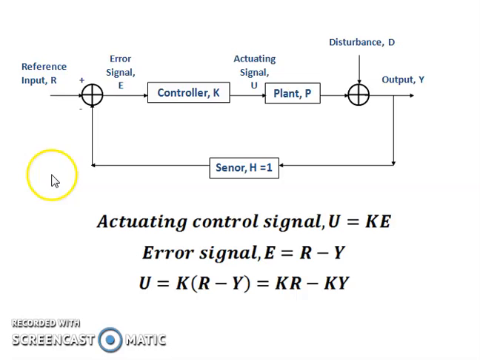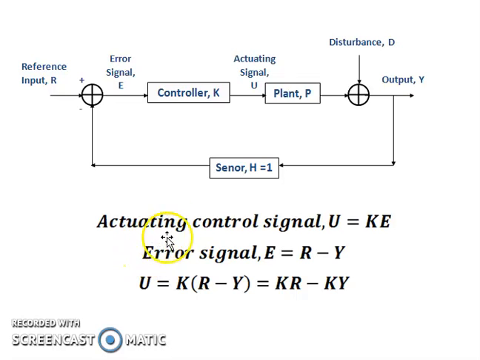This is our block diagram, and we assume that our sensor is a unity feedback system, a full state feedback that measures the entire state of the system.